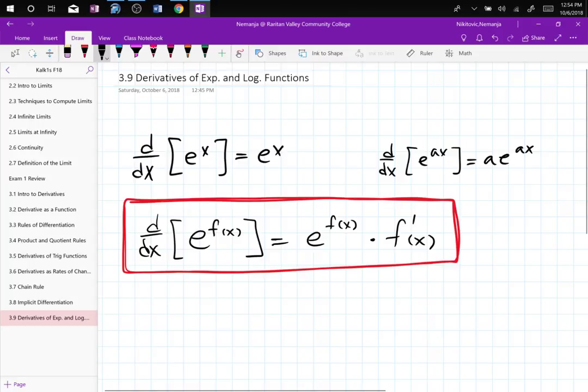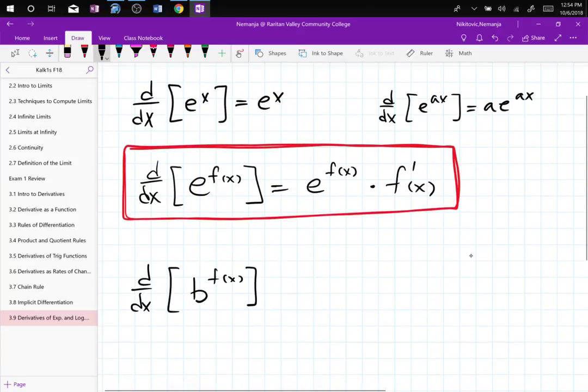What is the most general form? Well, clearly, it will be the derivative of whatever base raised to the function. Not just e. How about 2 to the sine x? Or 7 to the x squared minus 1, right? So now this b as a base could be any number, not just special number e.